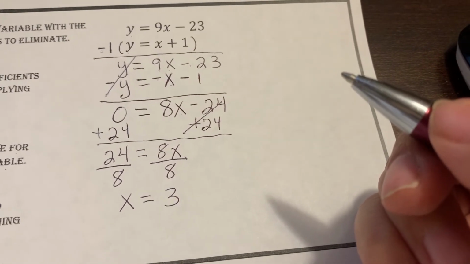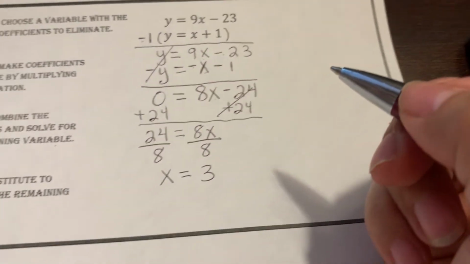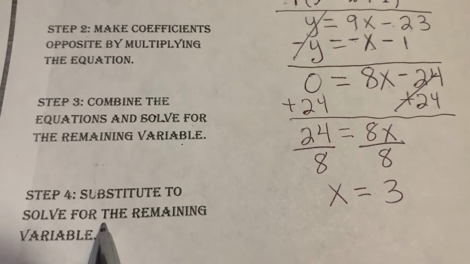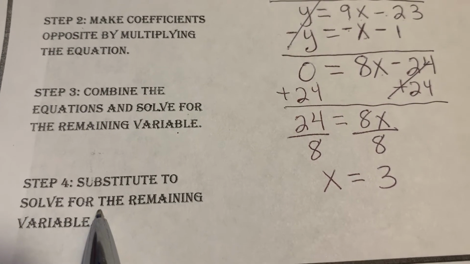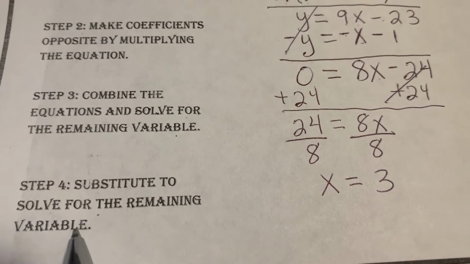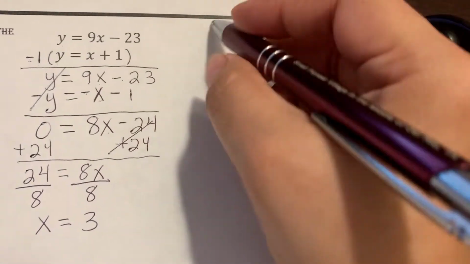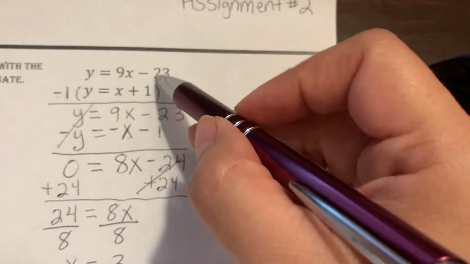Once you find one of the variables, which is x in this case, I'm going to go to step 4, which is to substitute to solve for the remaining variable. I can use either equation.